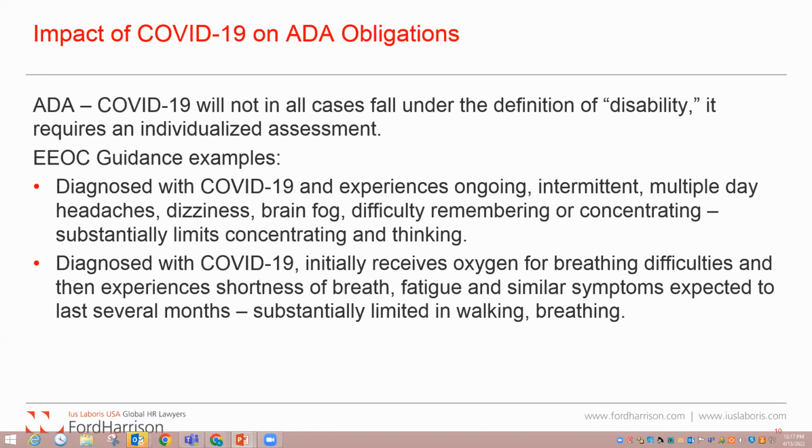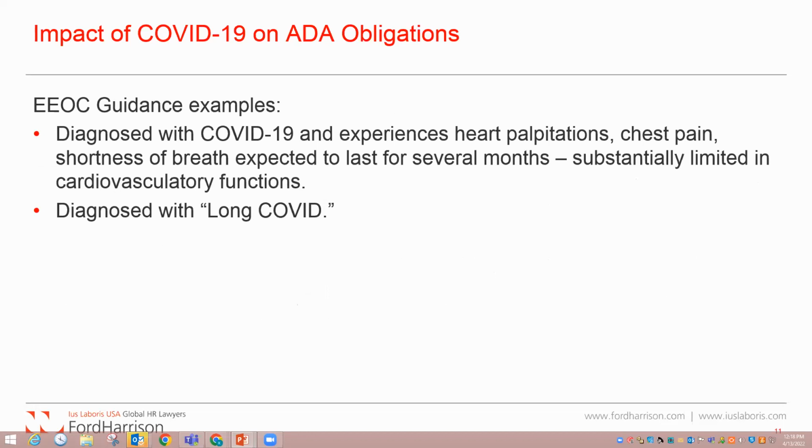The EEOC guidance examples include these where an employee is diagnosed with COVID-19 and they experience these ongoing symptoms, dizziness, headaches, problems remembering or concentrating, or an individual diagnosed and gets the oxygen, but then they thereafter are substantially limited in walking and breathing. So those can be situations where ADA comes into play.